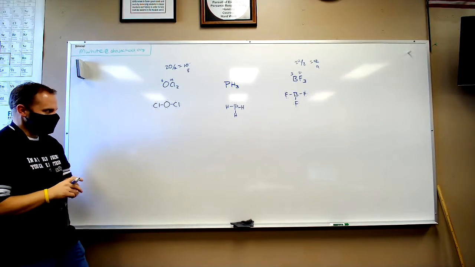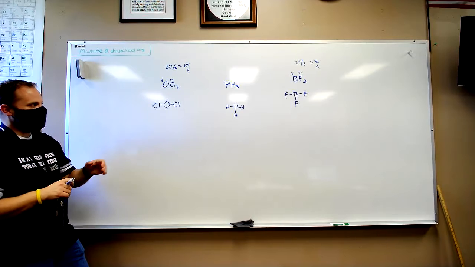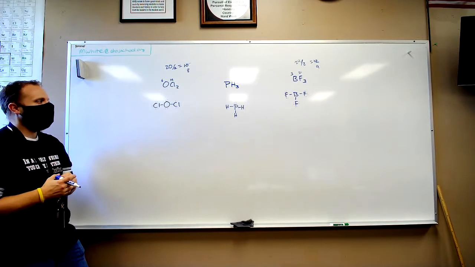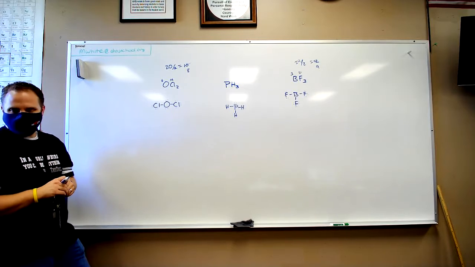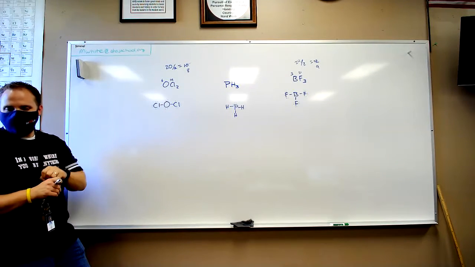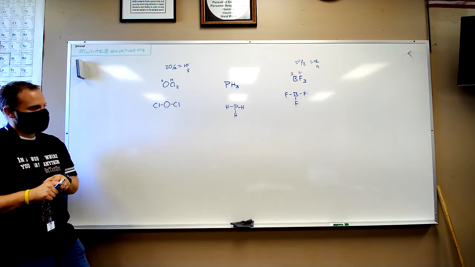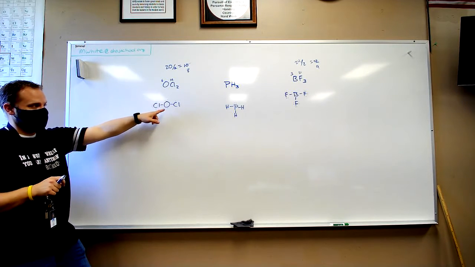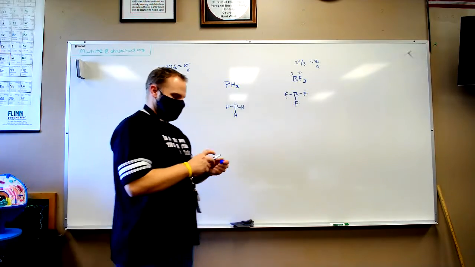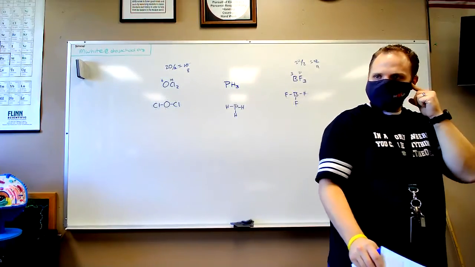So when we need to find the shape, remember we only care about what's on this central atom. So how many bonding pairs are there next to this oxygen? 2. And how many lone pair are there? 1, 2. There's actually 2, so there's a lone pair there and a lone pair there.